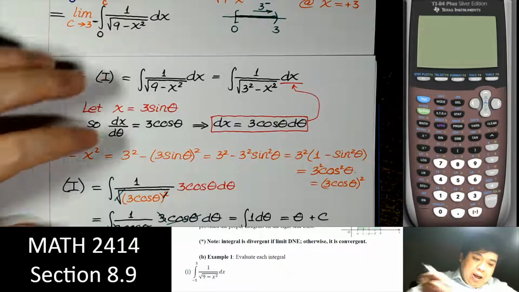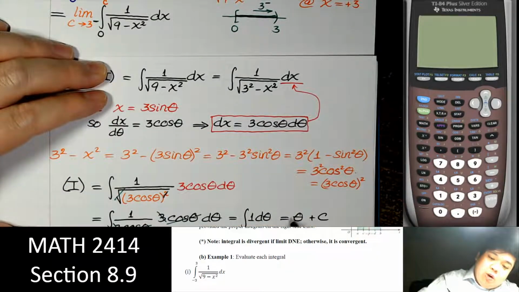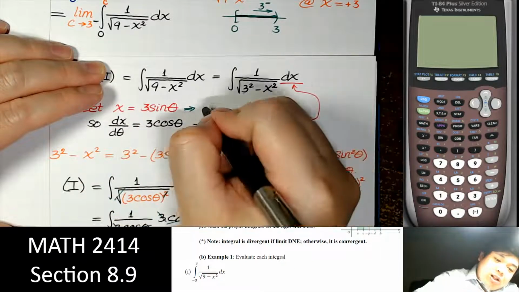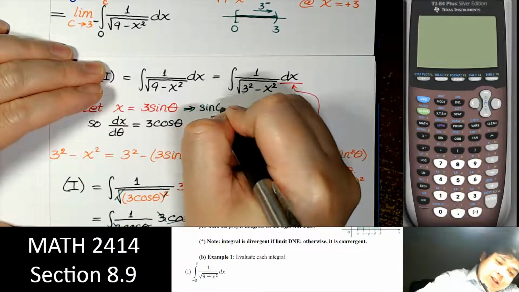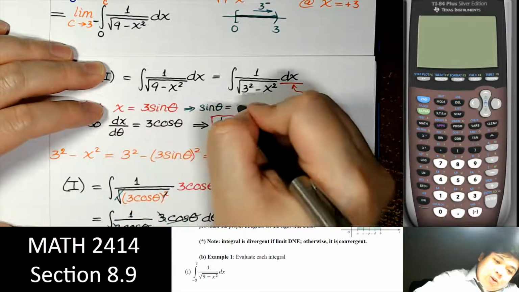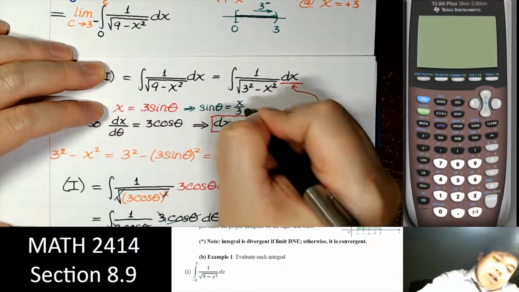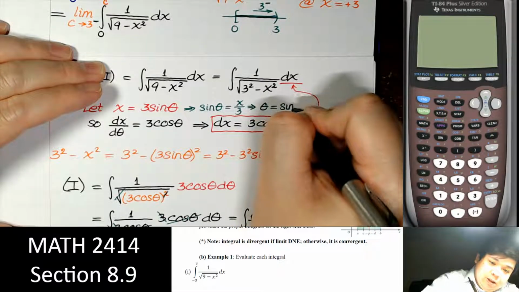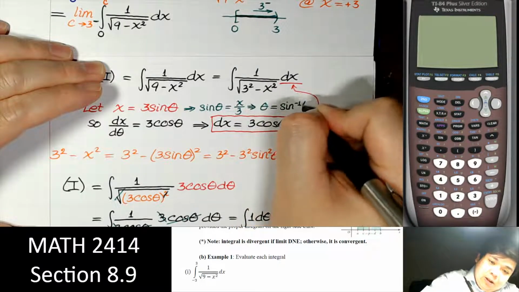Right. Now we need to solve for theta. Go back to this: x equal to 3 sine theta. So sine theta is equal to x over 3. Taking the inverse, theta equals sine inverse of x over 3.